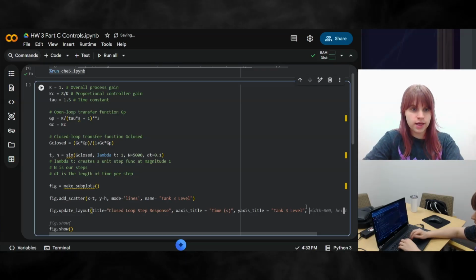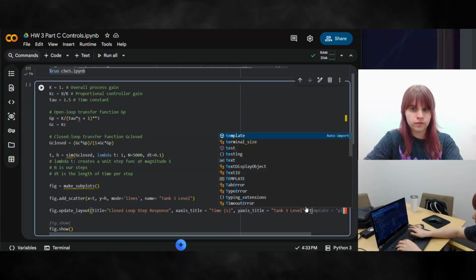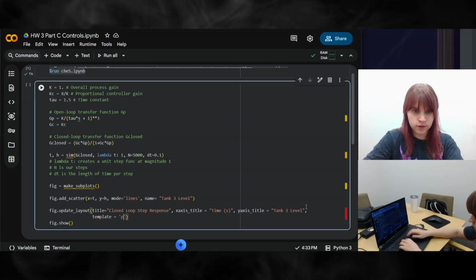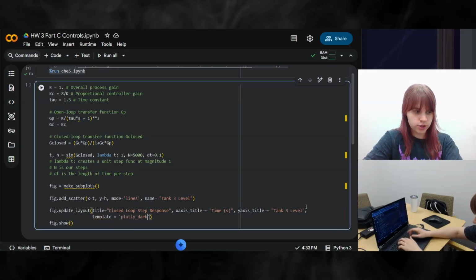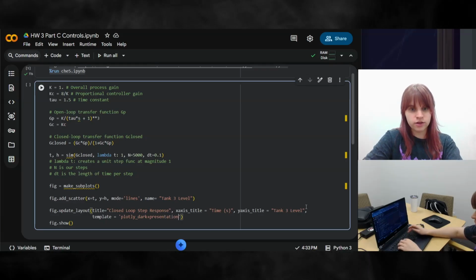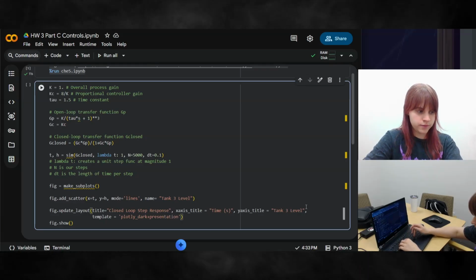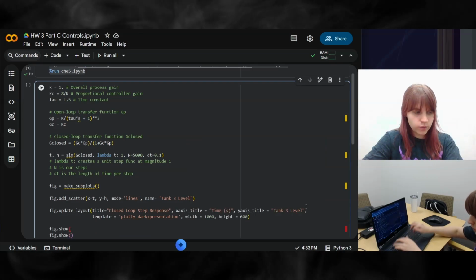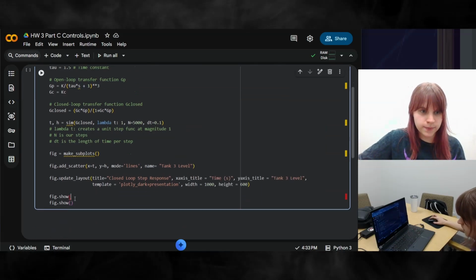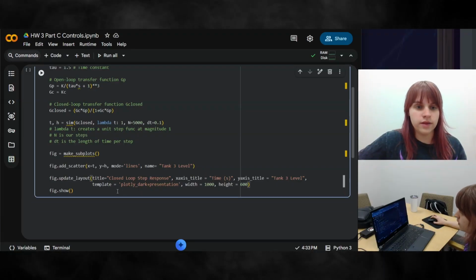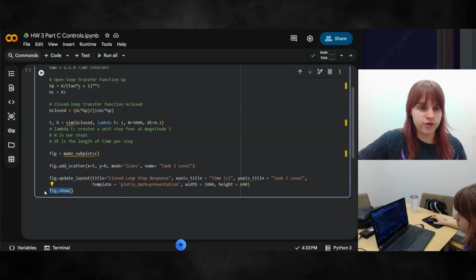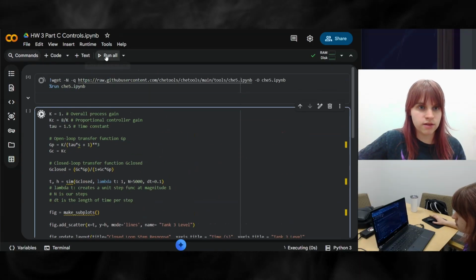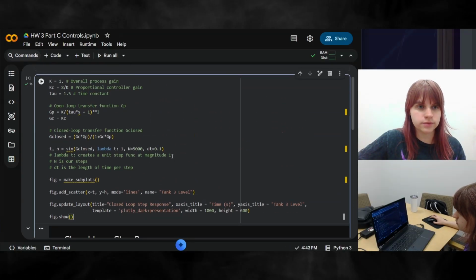Let's do a template of plotly dark and presentation mode, as I typically have been doing. And then this width and height should be okay. And then all you should have to do after that is show the figure. So let's run this and see what it's looking like.